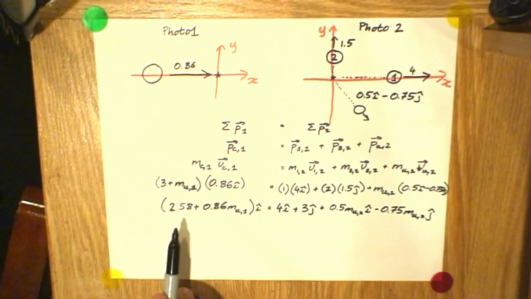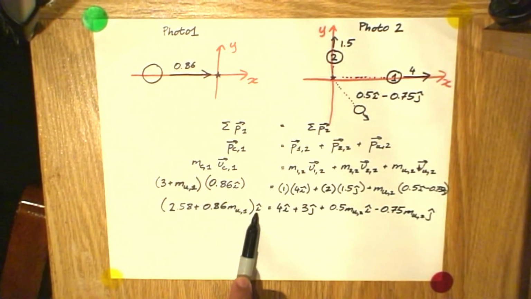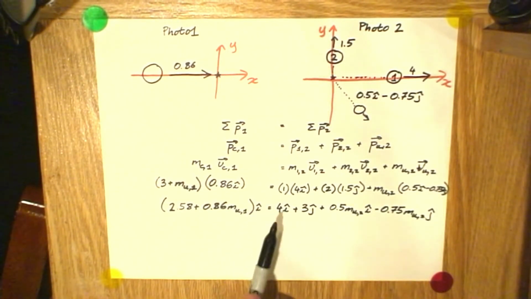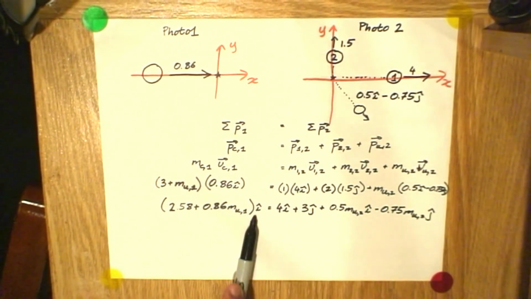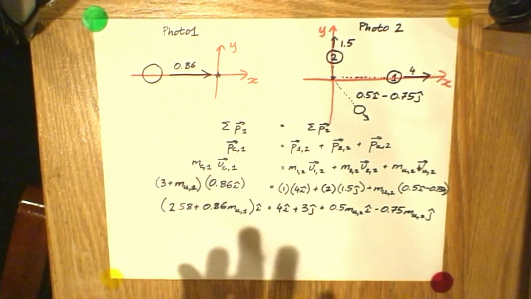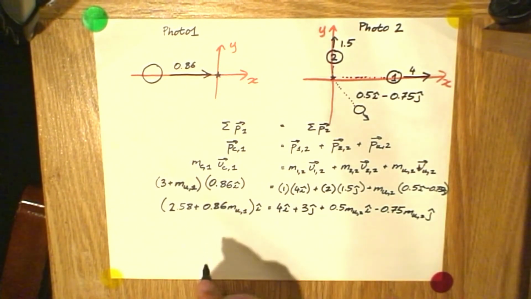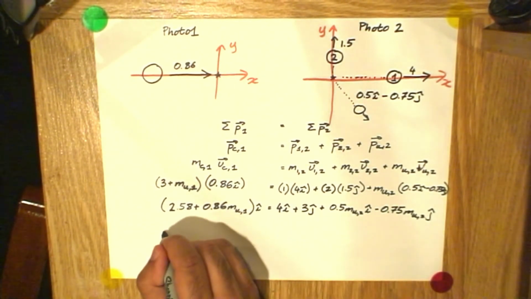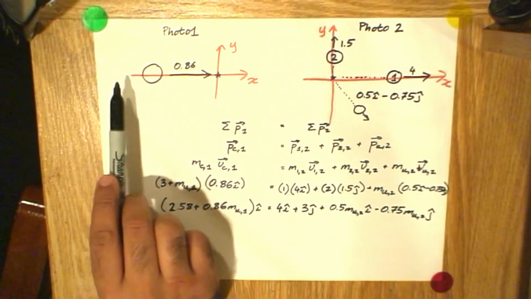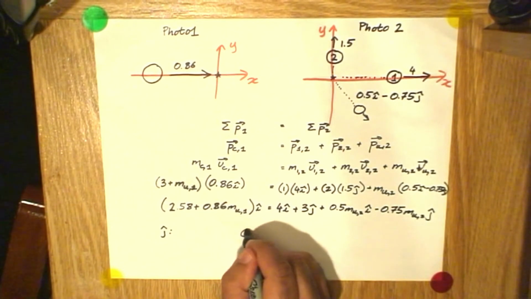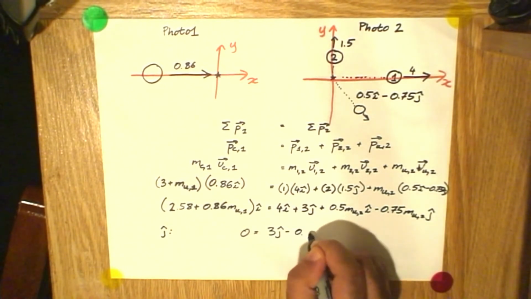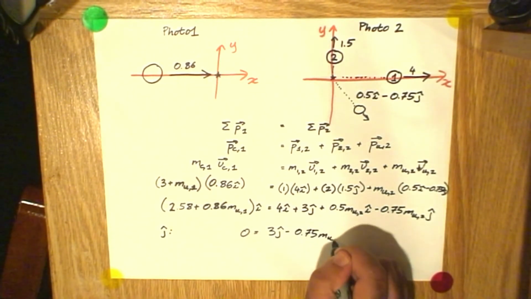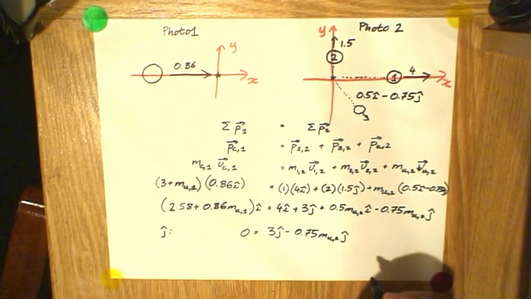Now, one thing that I notice over here is that we have a term in i-hat on the left side, but we have no j-hat term on the left side. That means that j-hat on the left side is 0, and that makes sense because this object was moving horizontally. There's only an i-hat term, there's no j-hat term. So let us say that we were to take a look purely at the j-hat terms and see what happens. If I were looking just at the j-hats, the j-hats on the left side are 0, the j-hats on the right side are 3 j-hat minus 0.75 mass of the unknown object in photo 2 times j-hat.